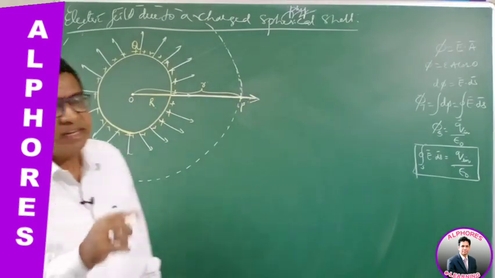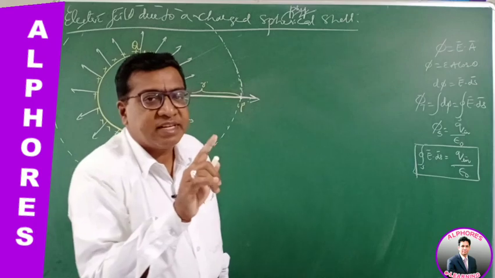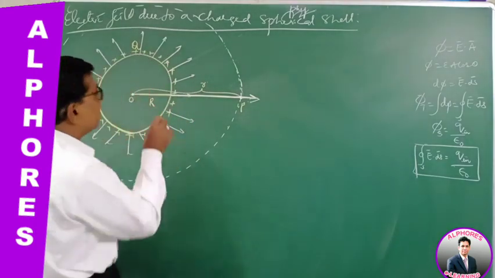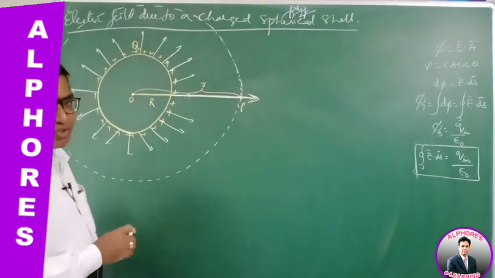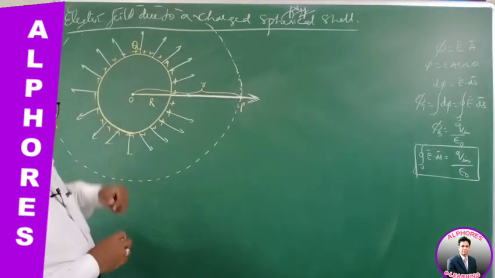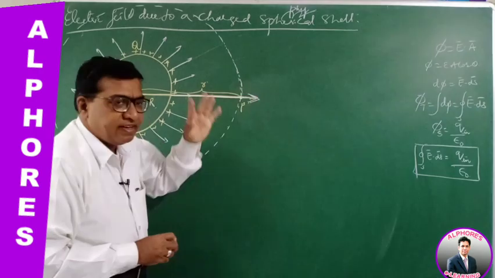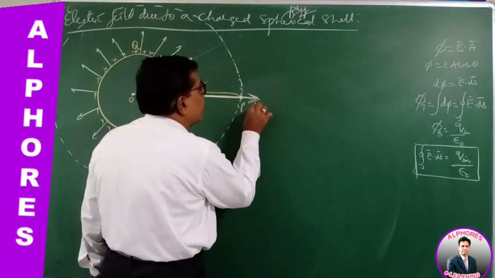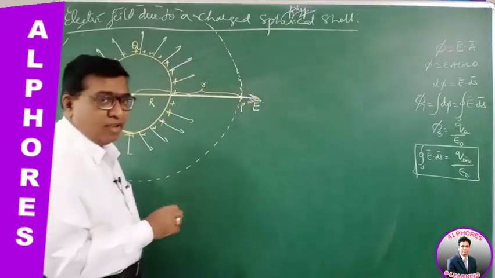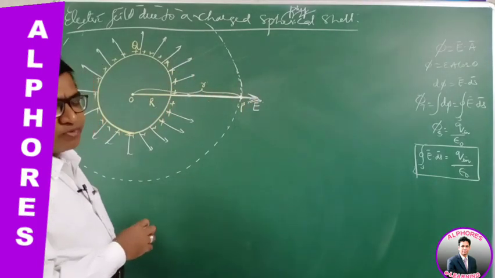We know that the tangent drawn to the line of force gives the direction of the electric field intensity. Therefore the electric field intensity will be along the outward normal to the charged sphere. Let the electric field at point P be some E vector, and the direction of the electric field is along the outward normal.